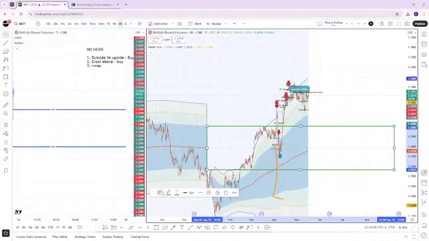Okay, so now let's put in projection levels. We have our directional bias, and I want to go long for today. Target's going to be up here, 1.3345. I'm looking at that as a potential target.